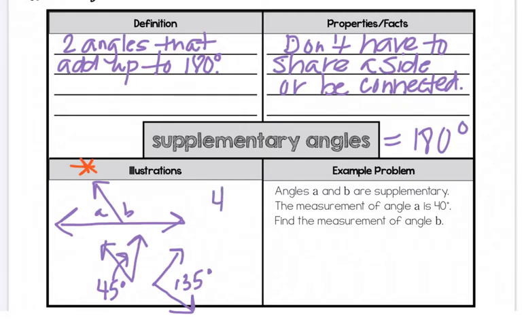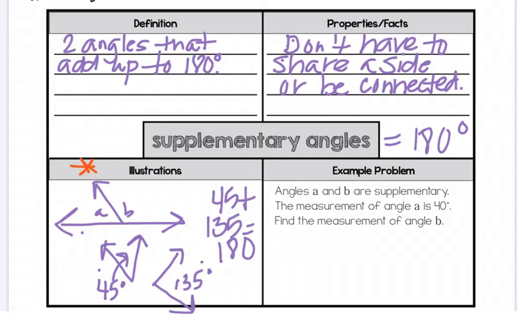Yes, those 2 together equal 180. So we know that these 2 are also supplementary angles. So those are the 2 things you need to look for with supplementary angles. You need to look for both angles forming a straight line, and you need to look for the measures adding up and equaling 180.